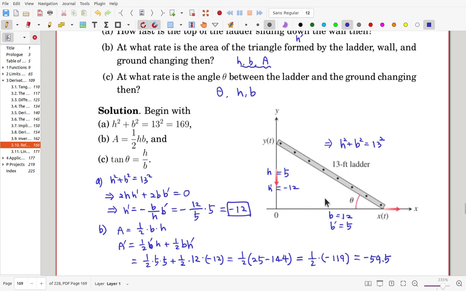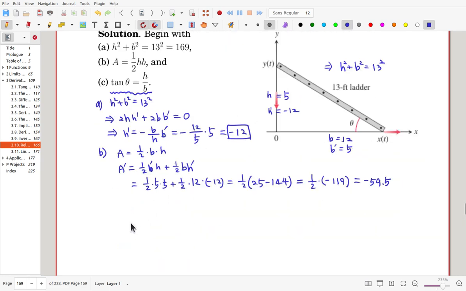Once theta is the angle between the ladder and ground, again we can get the relation between the variables: tangent theta is h over b. So the unknown is theta prime for the final part.